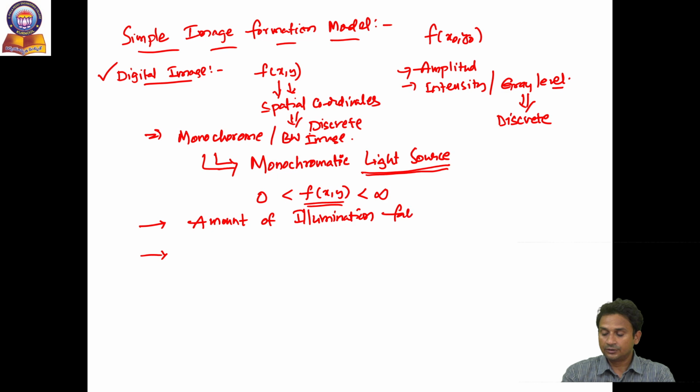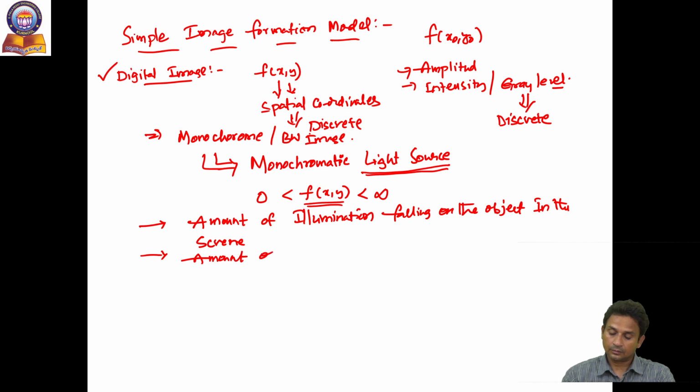falling on the object in the scene, and the amount of illumination reflected back by the object in the scene.